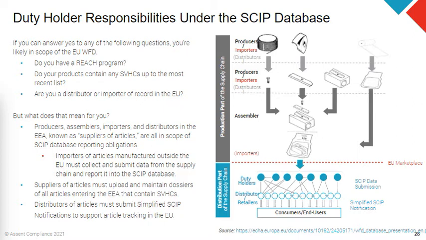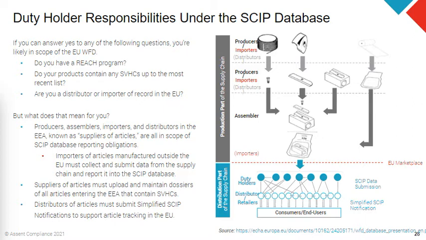Yep, so these duty holder obligations have actually been around since REACH was designed, and every big review of REACH has always said this. There's always been a lack of data flow in certain areas.